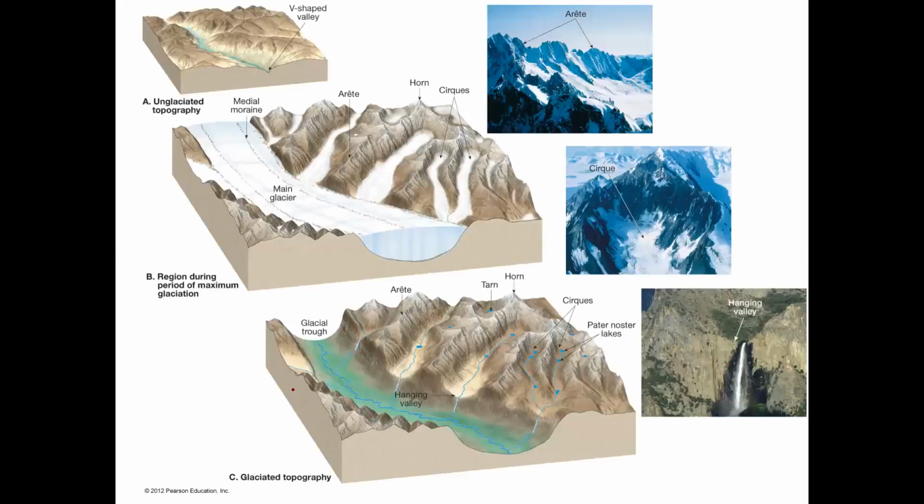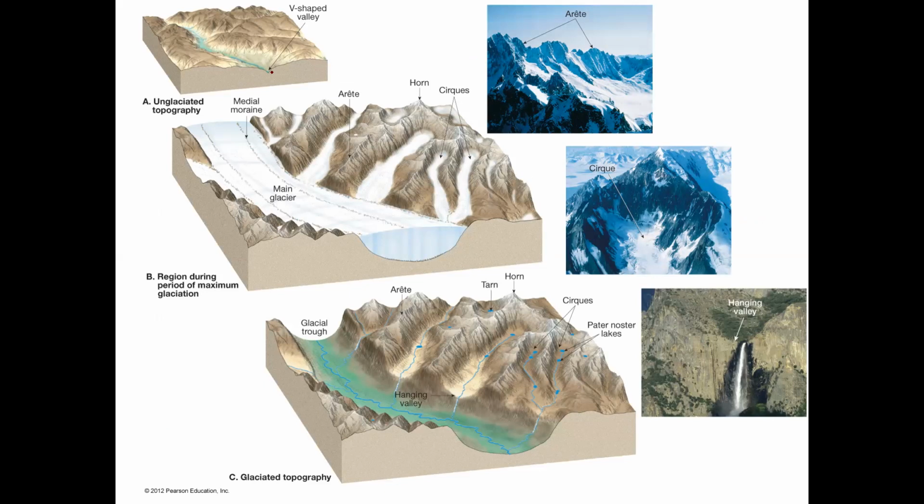So glaciers contribute to a lot of erosion. And glaciers can have a significant formative effect on a landscape. So here is a landscape pre-glaciation.